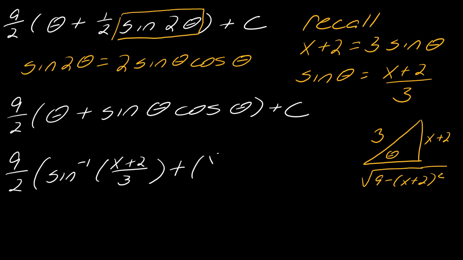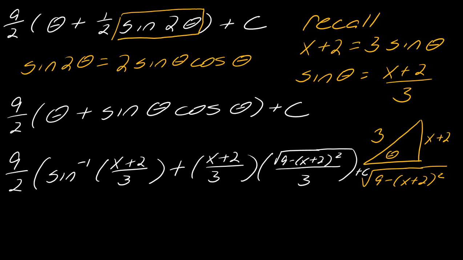That's x plus 2 over 3. And then for my cosine of theta, that's going to be my adjacent over my hypotenuse. So that's going to be the square root of 9 minus x plus 2 squared, over 3. And then I've got this plus c crammed in there, of course.